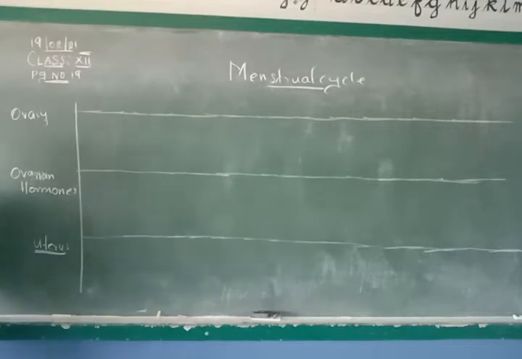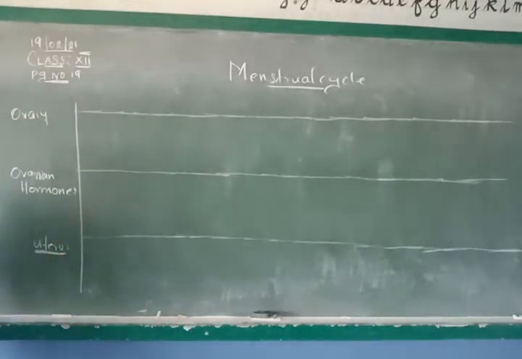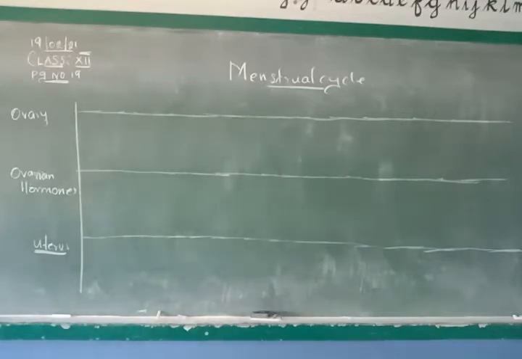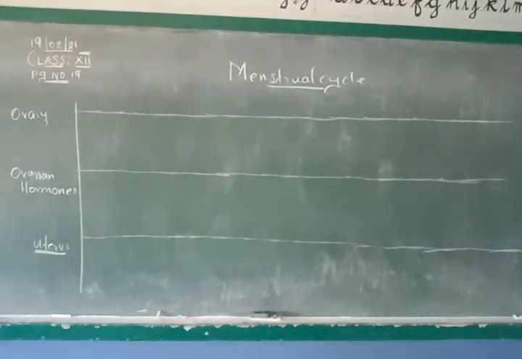Here we will study what changes take place in the uterus. And here at the top we will talk about what changes take place in the ovary. So you know what the changes are. And here we are going to concentrate on the hormones. What are the hormones? Estrogen and progesterone. What is happening to those hormones? They increase or decrease. That is what we are going to see.